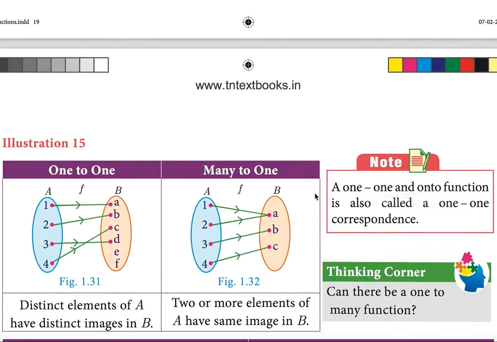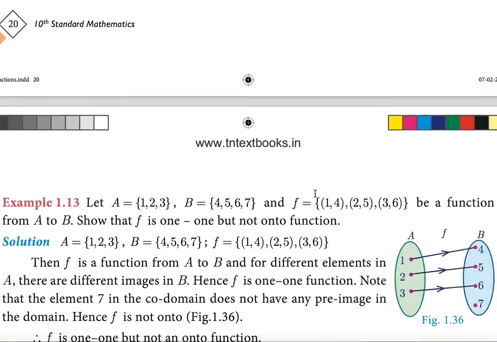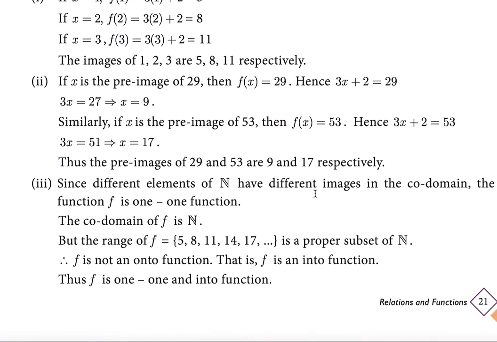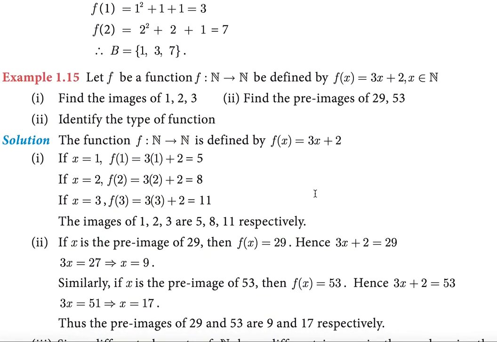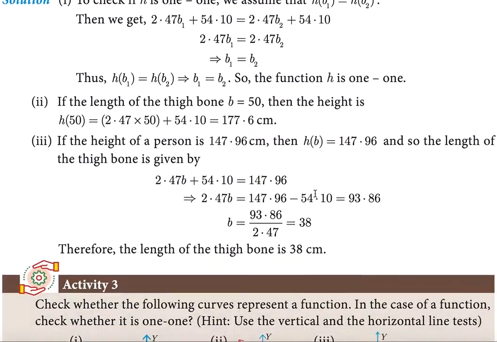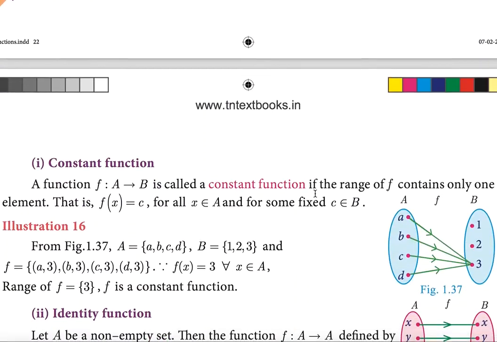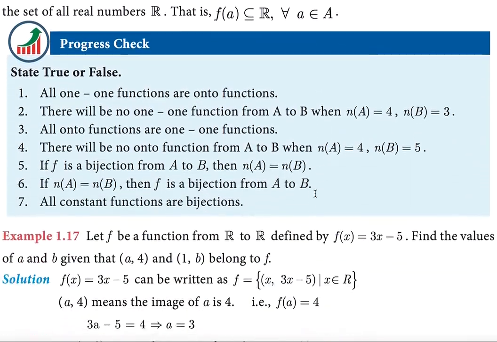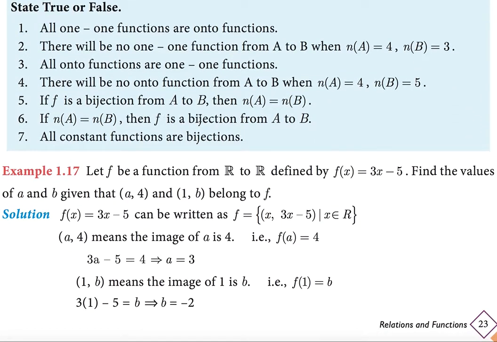Right. If n of A equals n of B, then f is a bijection from A to B. This is not correct; the converse is not correct.